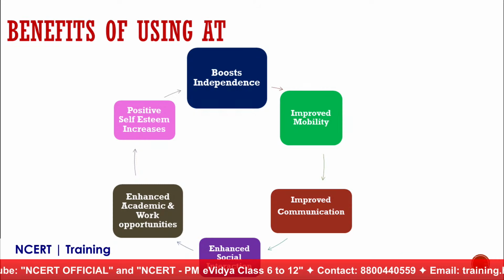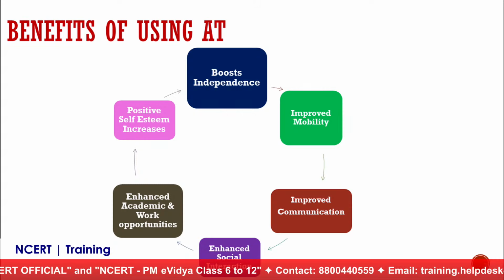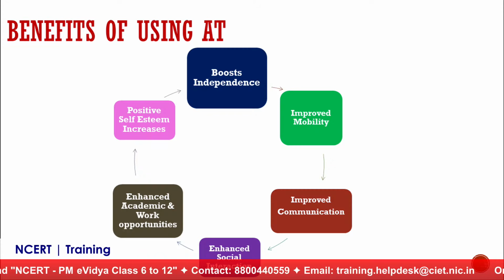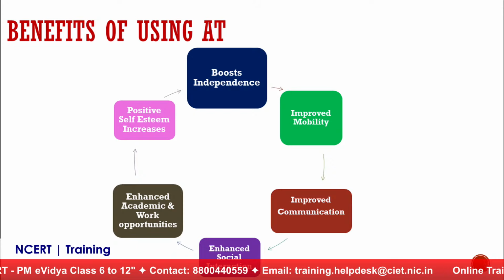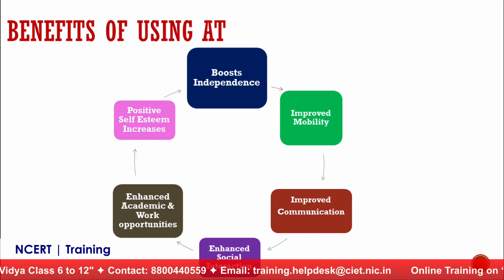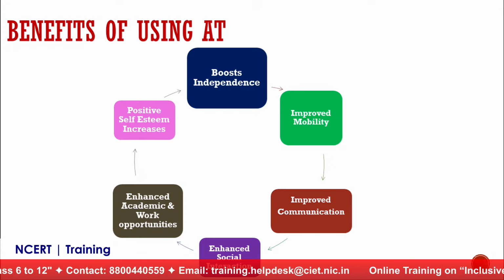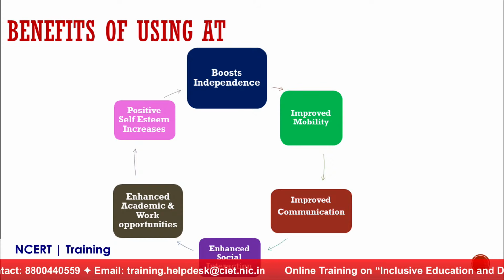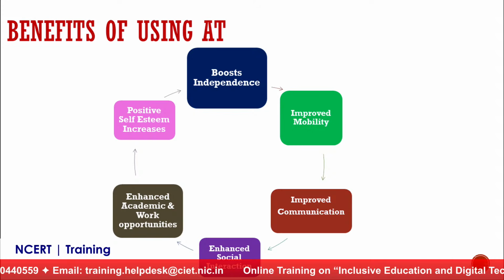It can be improving mobility, communication, social communication skills, or it can be assisting them in learning certain concepts in their classroom or at home, or assisting them to take part in simple games with their peer group, and thereby their self-esteem increases.